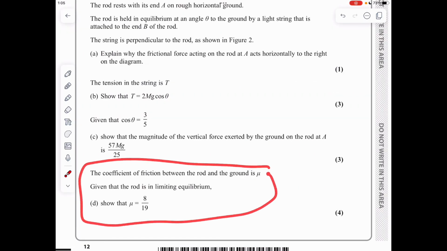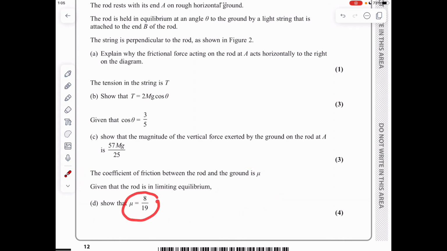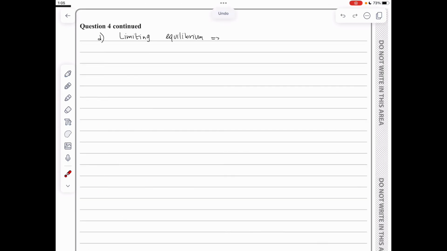In D, we are given that the rod is in limiting equilibrium, and based on that we need to show that mu, the coefficient of friction between the rod and the ground, should be equal to 8 over 19. The fact that we are in limiting equilibrium simply means that the frictional force F is equal to mu R, and we have just found that R is 57mg over 25.